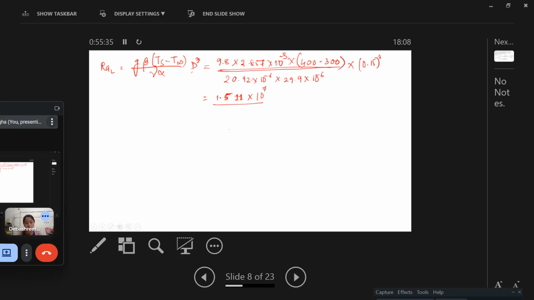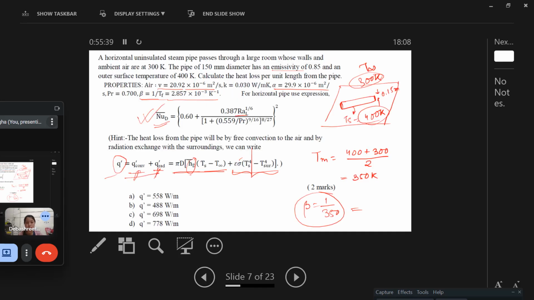So for this Rayleigh number, we use this equation. What we wrote previously was also the Nusselt number for this range of Rayleigh number. If you get a Rayleigh number around 10 to the power 7 and more, you have to use this.